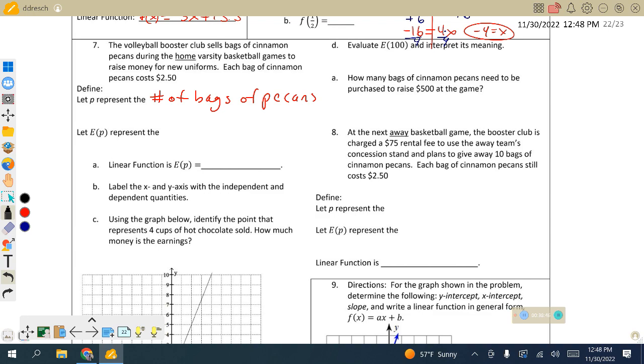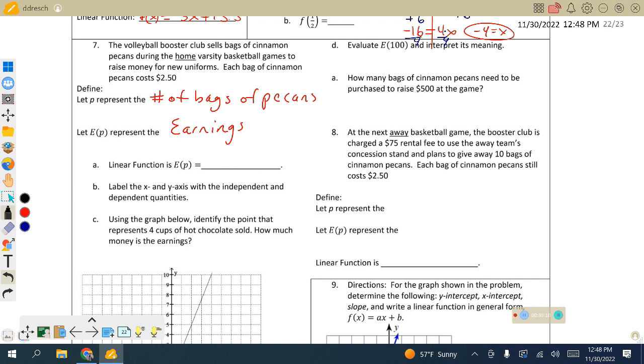We're making money. What do we call that money? Call that our earnings. That has not changed up, has it? Now, how are we going to make this money? It's our home game, so we don't have to worry about any concession stand fees or anything like that. And we aren't giving away any freebies.